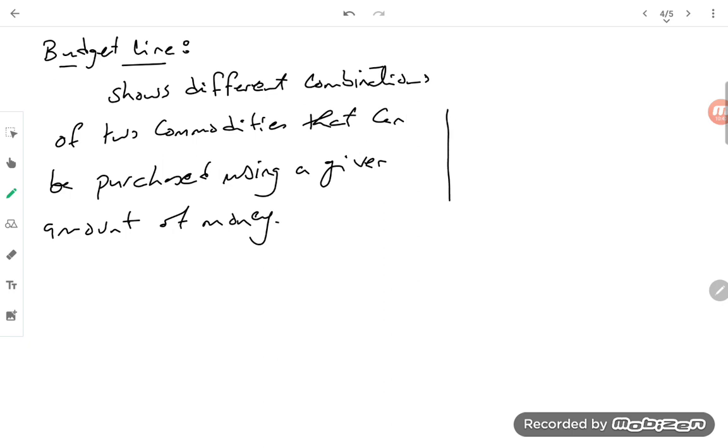Here, for example, on the x-axis is commodity X or soybeans, and on the y-axis is textile, and this is the budget line.